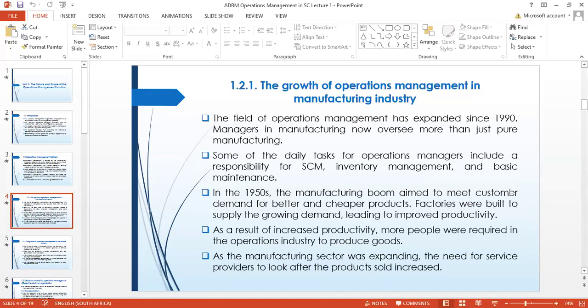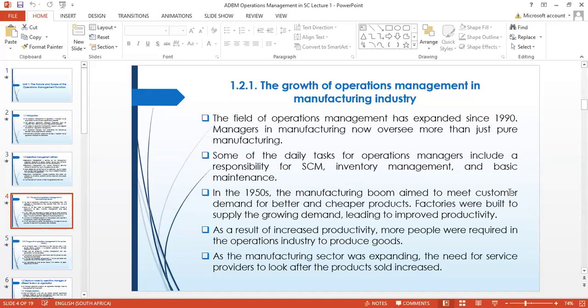In the past, managers in the manufacturing industries just used to oversee the pure manufacturing, the actual manufacturing of products. That was the function of the operations managers in the manufacturing industry.